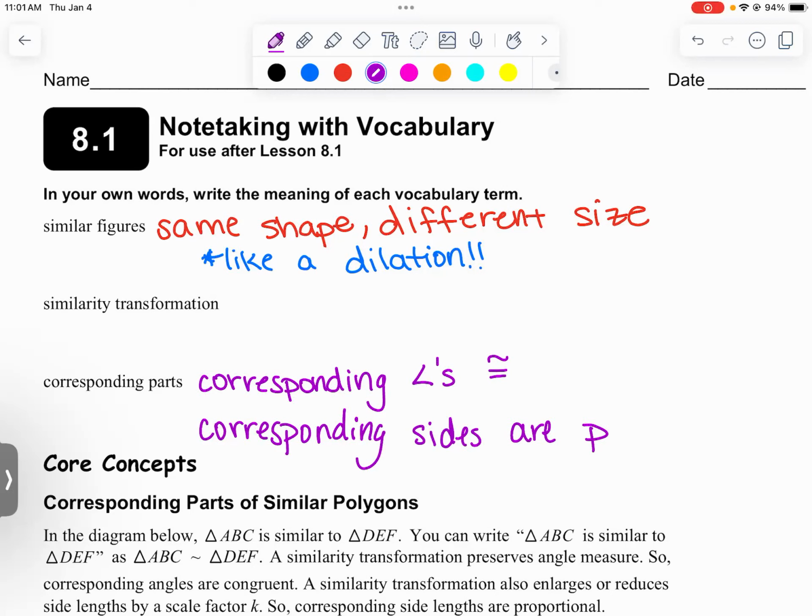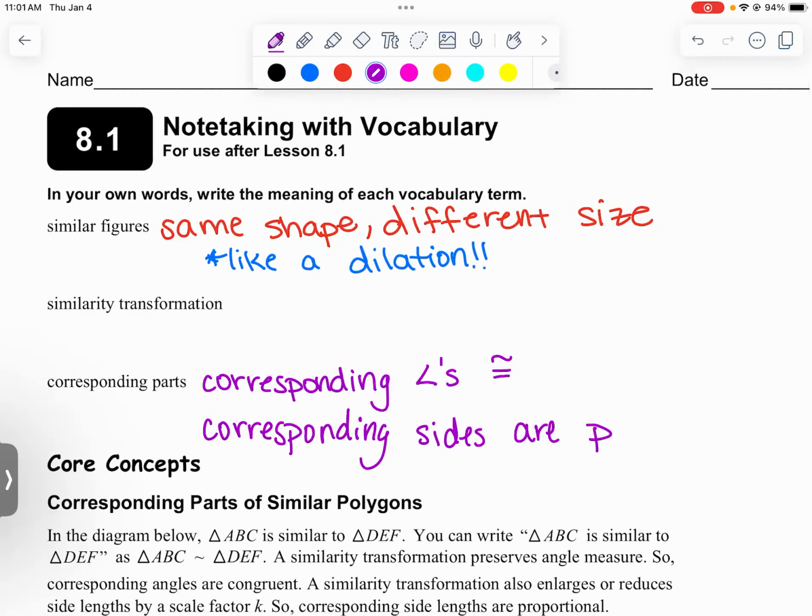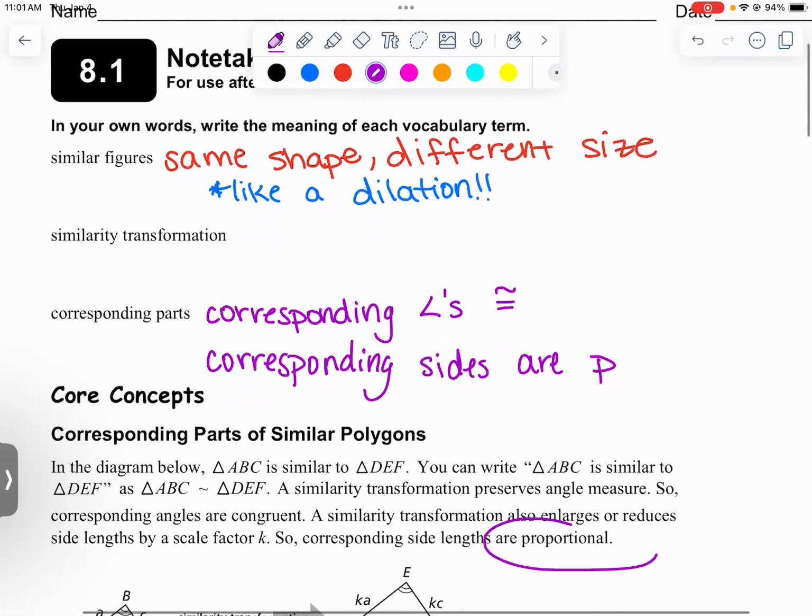Let me think. Oh, good job looking at the how-do-you page. It's right here. We're supposed to look at that.